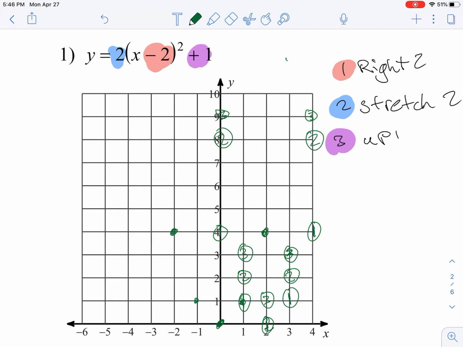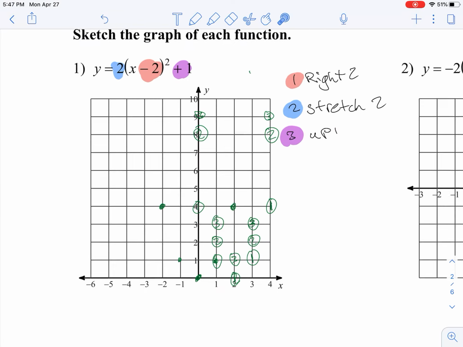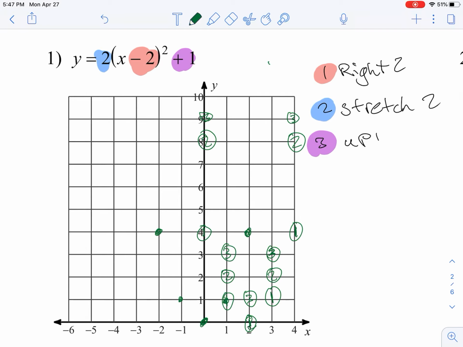But we move each point, and once we've moved it right 2, then we stretch it 2, then we move it up 1. And these are our final points. I'm going to put real points on my 3s. And that's my parabola.